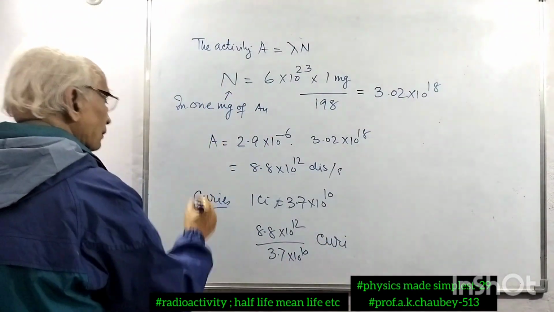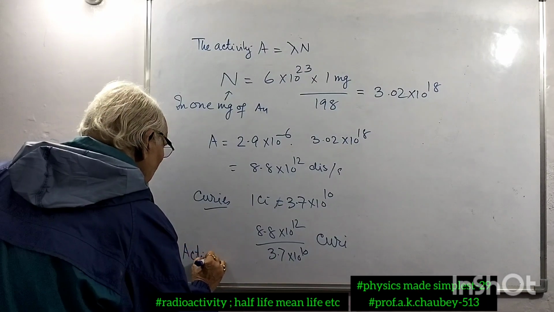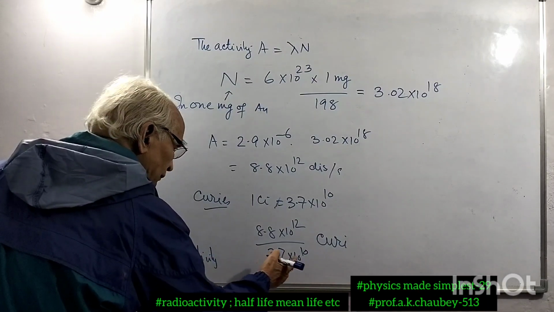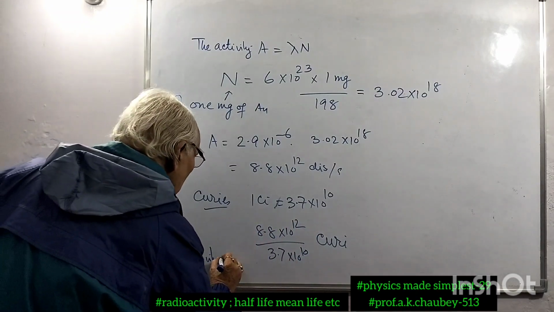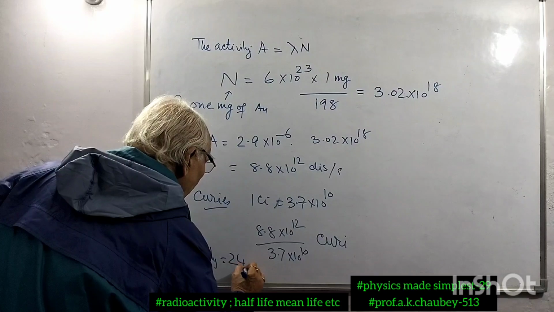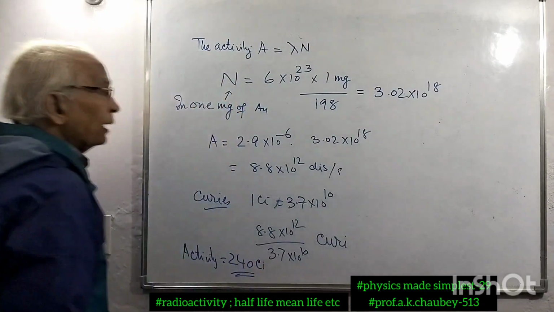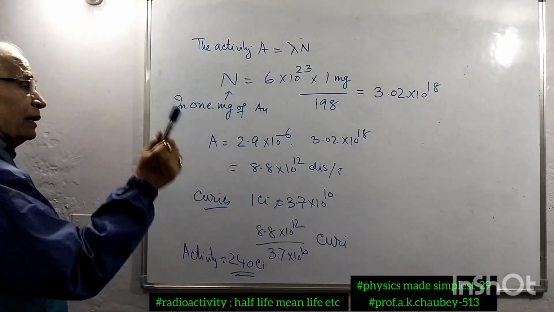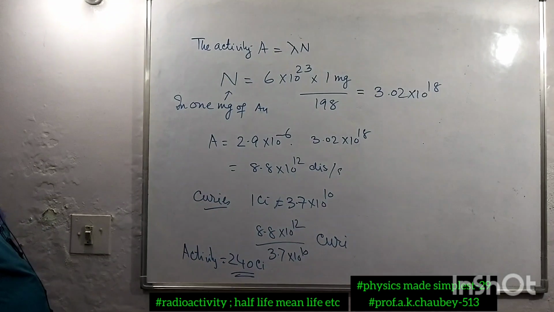So the activity of 1 milligram of gold is 240 Curie.